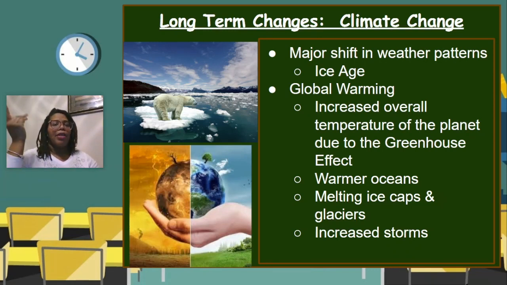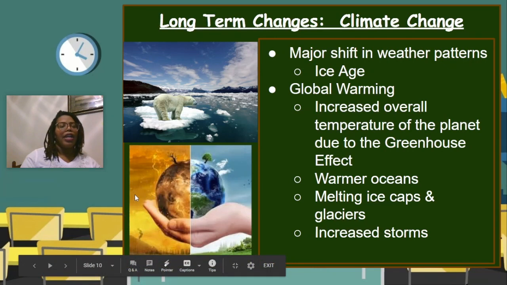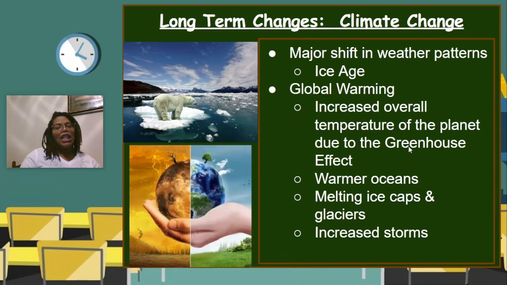Another example of climate change that we're currently experiencing is called global warming. And so I know you've heard this term before because we've talked about it even a little bit this year. But global warming happens when the overall temperature of the planet is warmer or hotter. The entire planet is hotter. And that is because of the greenhouse effect. We learned about that a little bit more earlier this year with the carbon cycle.